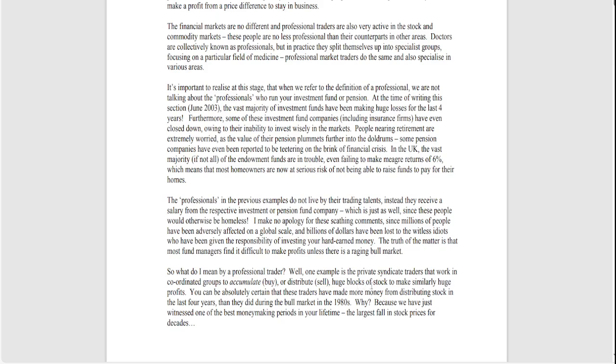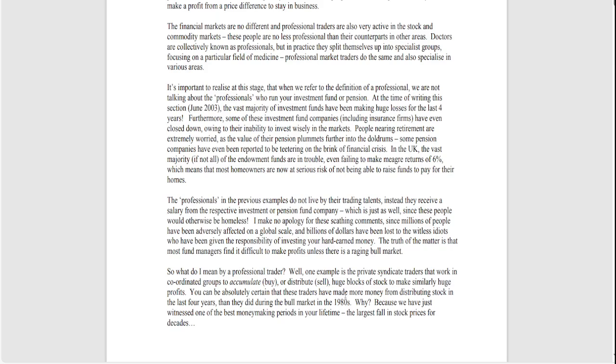If you are in the stock market, you would say huge blocks of stocks. You can be absolutely certain that these traders have made more money from distributing stocks. So these are the basic major players: the hidden private syndicate traders and market makers as well, and big banks or big hedge fund managers.